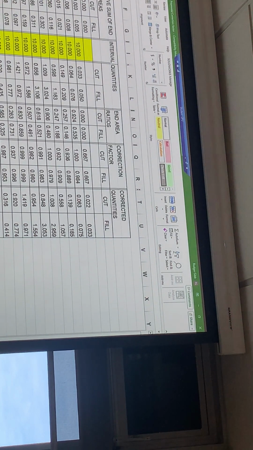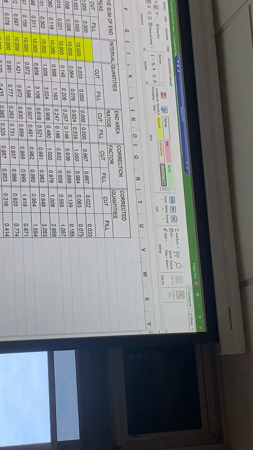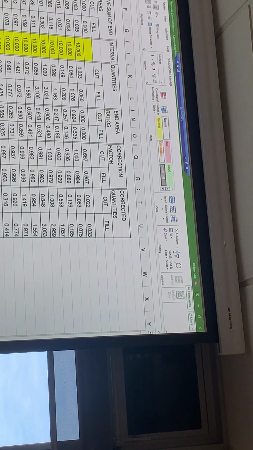So that can be very confusing when you first start in engineering because you keep thinking we should be starting at 0, right? So there's a 0 there, and in this case 0, 0 for cut and fill. So obviously they're merging the road into another road, or starting from a point where they want it to be 0 cut and fill.